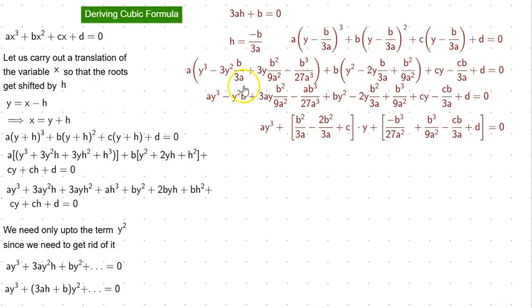Now, minus y square b and plus by square, they cancel out. So our y square term has disappeared.